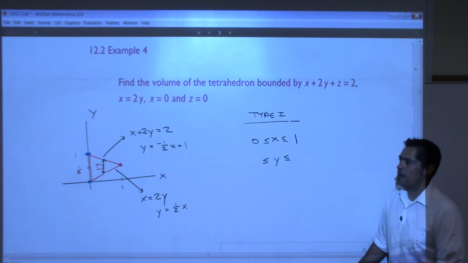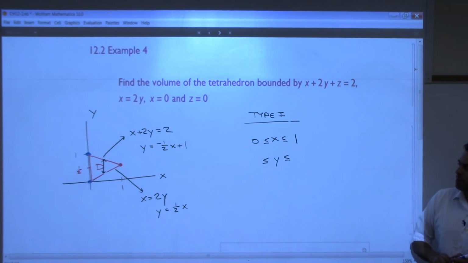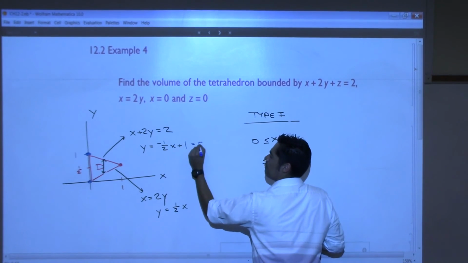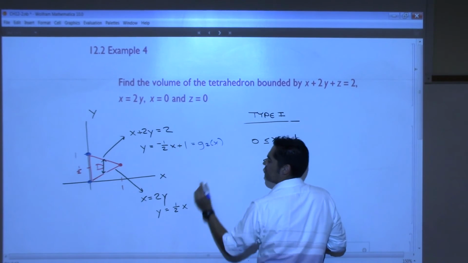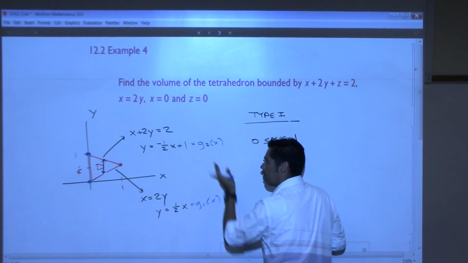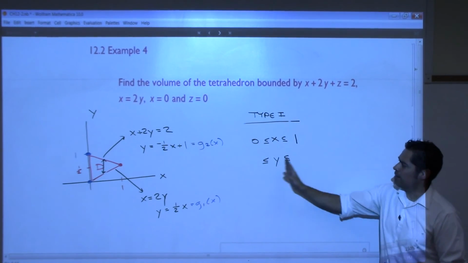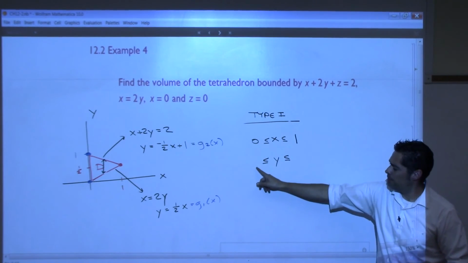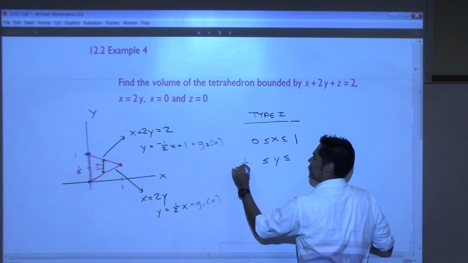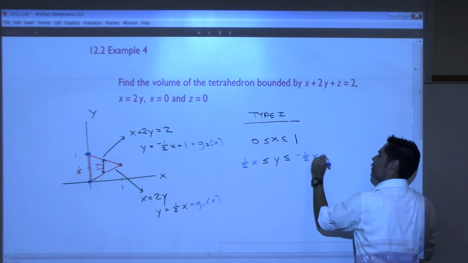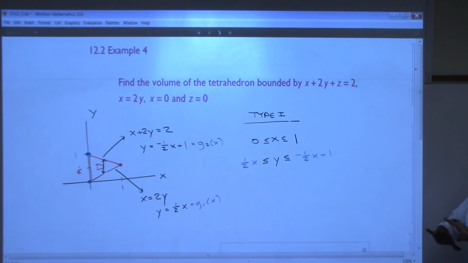And in terms of matching up with the formulas we're using, this one would be g sub 2 of x, and this one would be g sub 1 of x. Okay, so now writing it this way, what's the lower limit of y? 1/2 x, and the upper would be -1/2 x plus 1. There you go. That should be everything we need to set up the double integral.